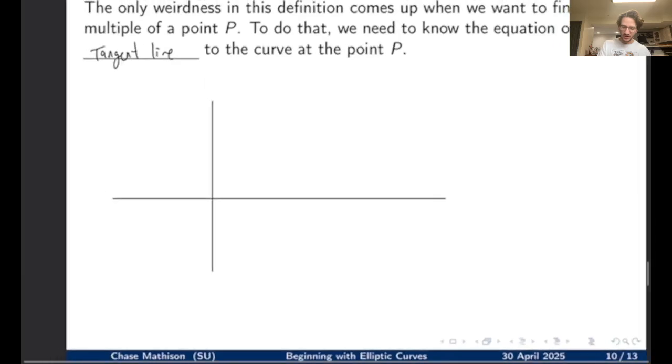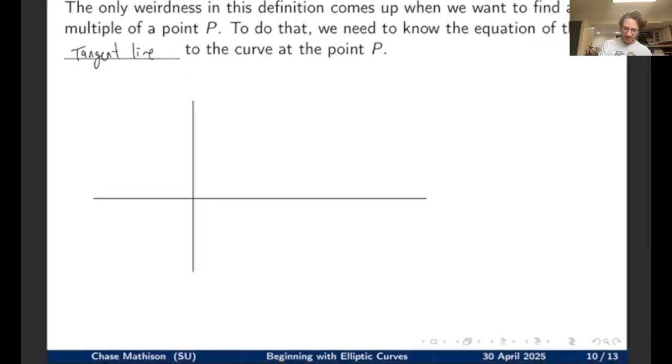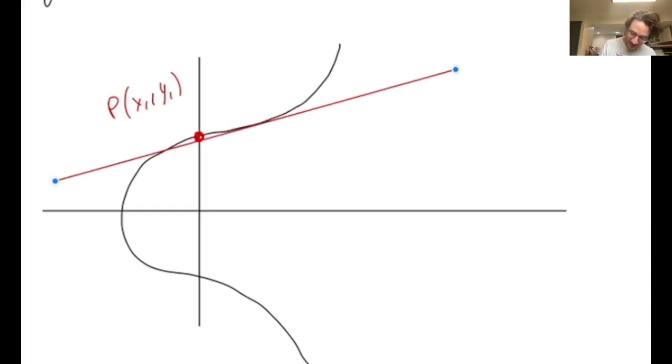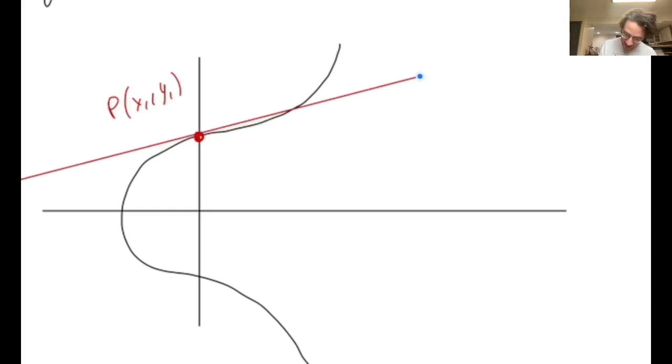So let me draw now some other elliptic curve. So if I want to add the point P to itself, so this is the point P, which we'll call x1, y1, then I still just need the slope of the tangent line. The tangent line is the line that just touches the curve at the point you're interested in.